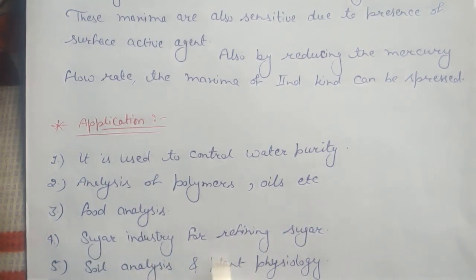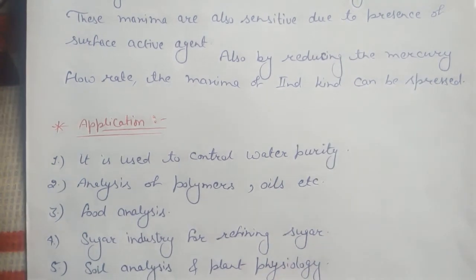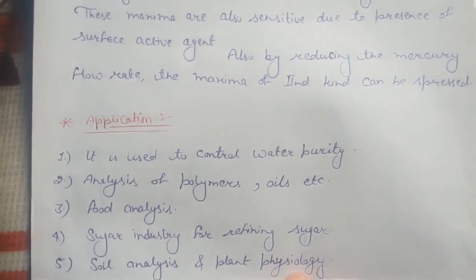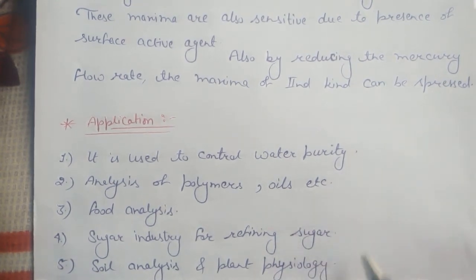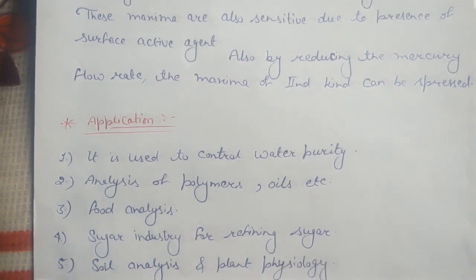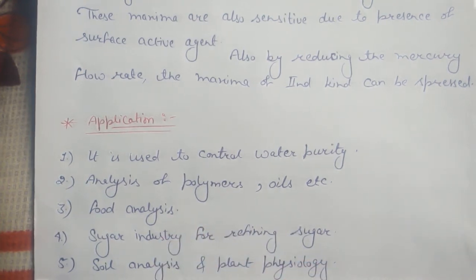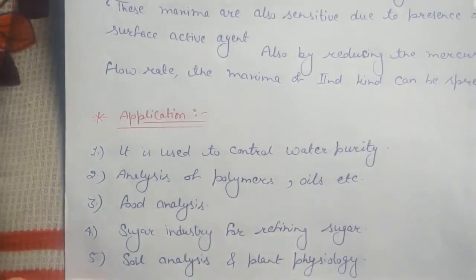Then analysis of air, soil analysis and plant physiology, in those we will use polarography maxima, right guys? So these are some important applications like water control, polymer formation, oil checking, food analysis, refining of sugar, analysis of plant physiology. These are some important uses and applications of polarography maxima.